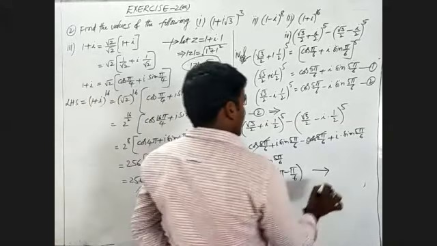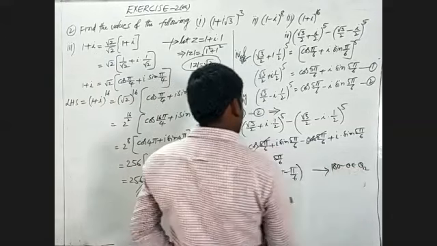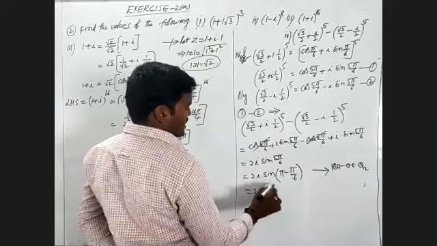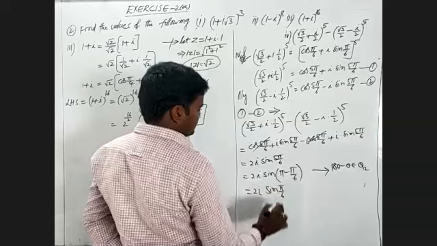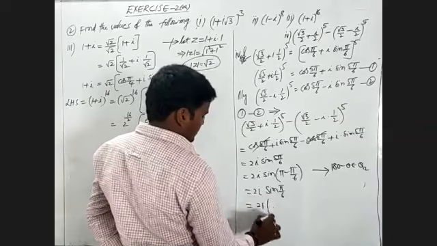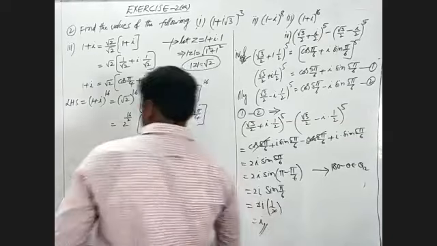That means 180 minus theta lies in quadrant 2. In quadrant 2, sine is positive. There is no interchange of values for 180, so I will write sin pi by 6. Sin 30 is nothing but 1 by 2, so 2i into 1 by 2, 2 and 2 cancel. The remaining value is i.